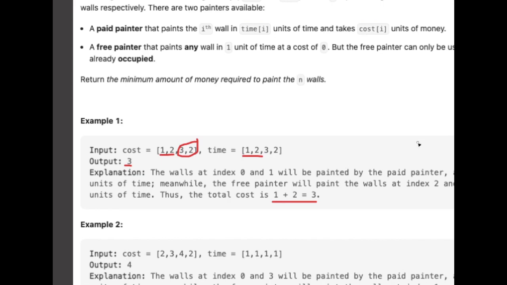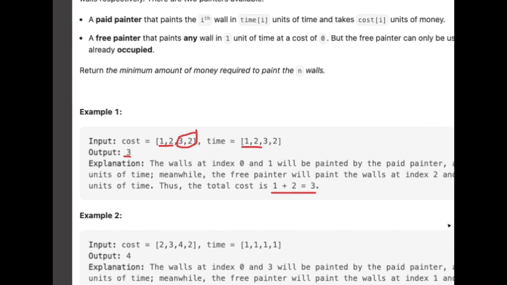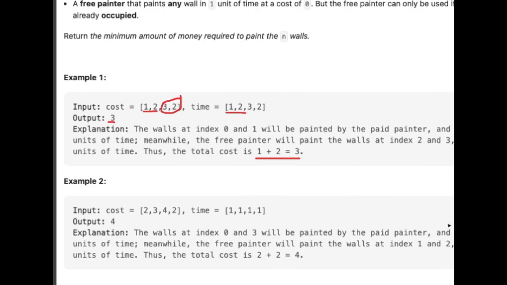And basically there are a couple more examples to show. Let's take a look at the second example. The cost is 2, 3, 4, 2, and the time is 1, 1, 1, 1. The answer here is 4. The optimal arrangement is that walls 0 and 3 are painted by the paid painter, so it's this one and the last one.